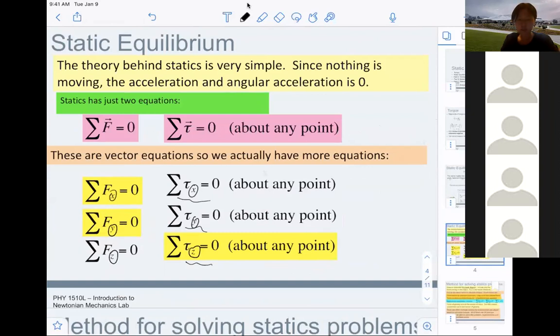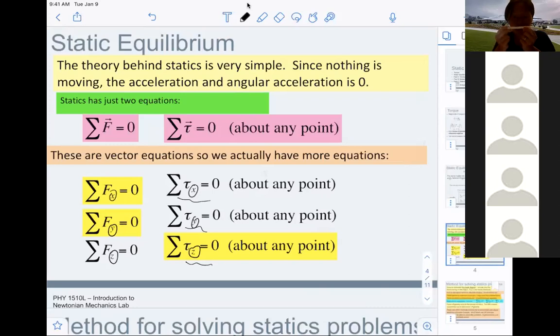For the forces, you just add up all the forces either in the horizontal direction, to the left or to the right, or the vertical direction, up or down. But for torque, you have to define relative to which rotational point, because you can view the rotation relative to different points. For example, I'm rotating this pencil.